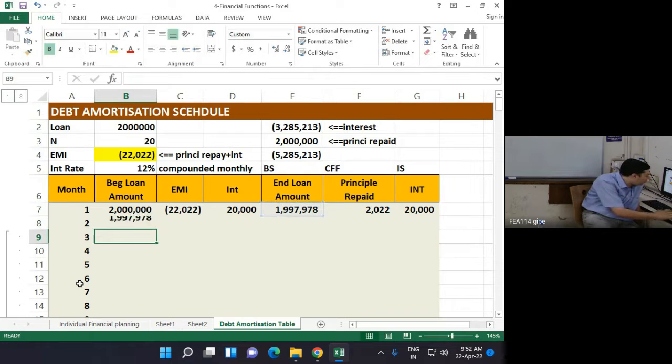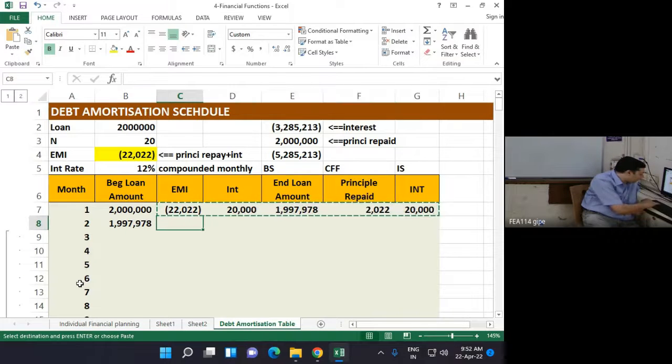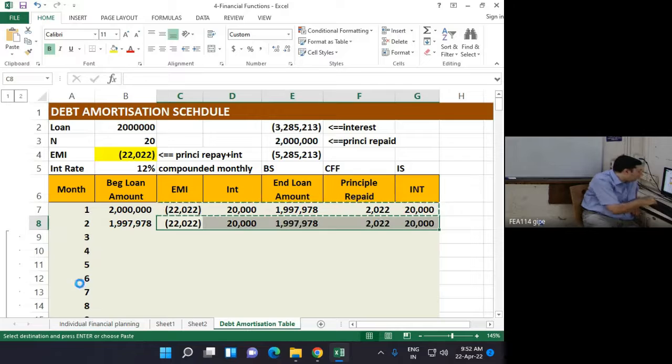And then from EMI to interest, you select everything. एक साथ सारा select कर लीजिए आप. Then copy, Control C, and then paste it below in the month 2. And check the number for principal repaid should be 2042.